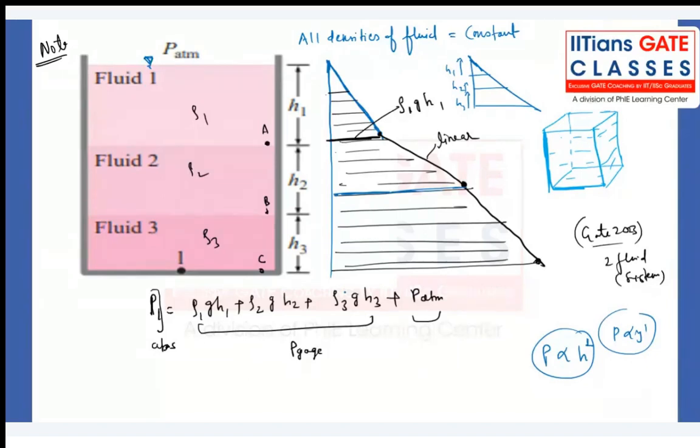It will depend on the density as well as the height value, because that is a product of rho g h. So the actual value you are getting will tell you whether it will be joined through a continuous line or whether some different slope will be there.